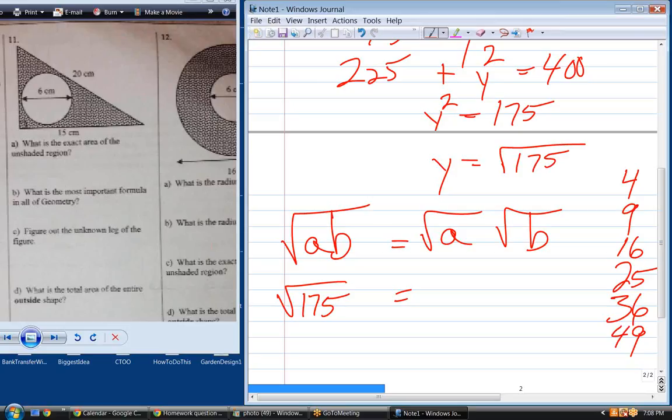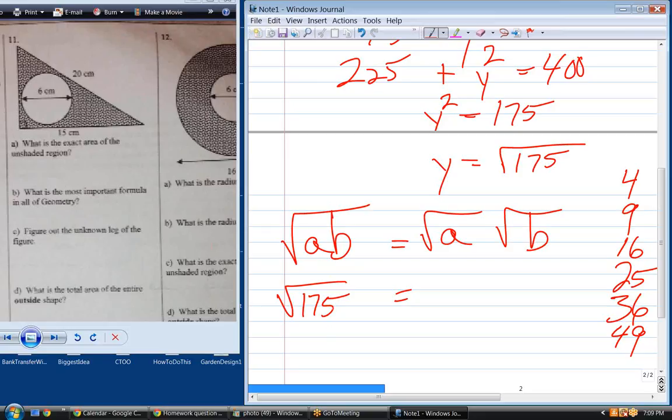But the idea is we're now looking for factors of 175, one of which would be one of these numbers over here. Do you recognize one of those numbers that might divide into 175 evenly? Let's see. And how many times would it divide into it? 25.